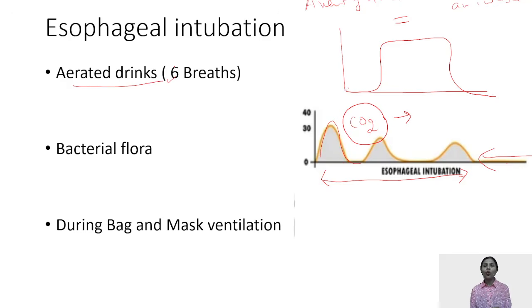The bacterial flora in the stomach also produces some CO2 which can be seen in this form. And lastly, it could be iatrogenic, that during the mask bag ventilation that we were doing prior to intubation, some CO2 had gone through the esophagus into the stomach, and now that is coming out. Esophageal intubation is per se a life threatening condition.